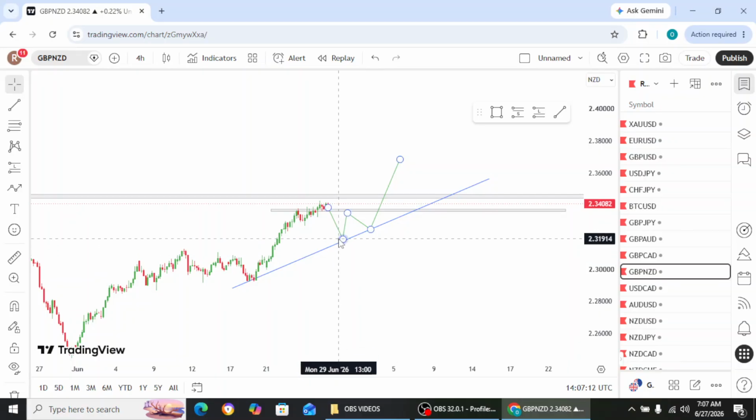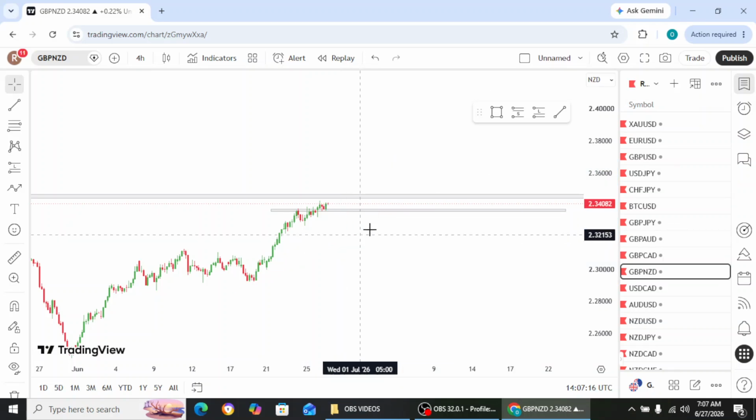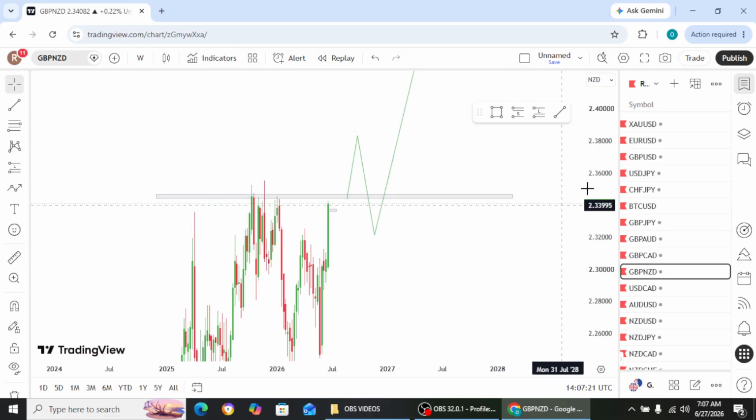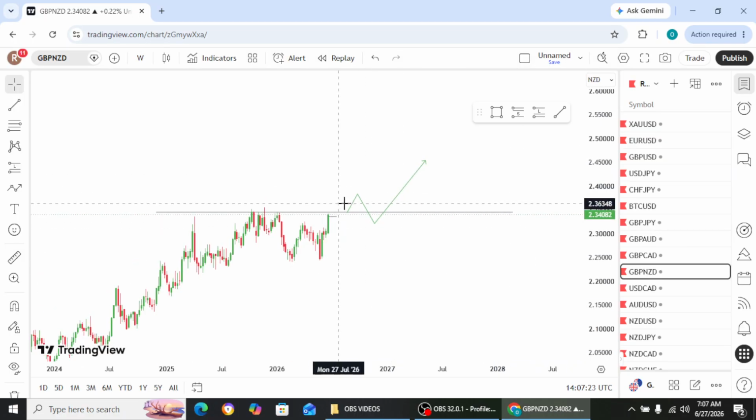Okay, now let's go back to the summary of what we are looking at. Let's go back to the weekly time frame. Okay, so we only have business with buying at the top of this level, and we have business with selling when the market is below this level.